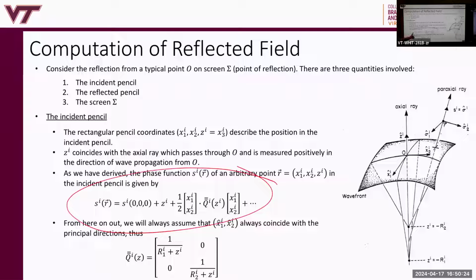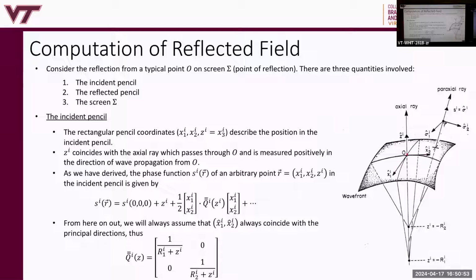So what does this mean? The phase function at some point R in a pencil, right? So what coordinate system is this R defined in? Very good. Right? That R is in this. The axial ray has a coordinate system on it. X1 and X2 are in the principal directions, and Z is tangent to the ray. It's along the axial ray, right?